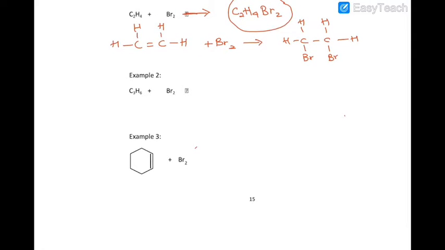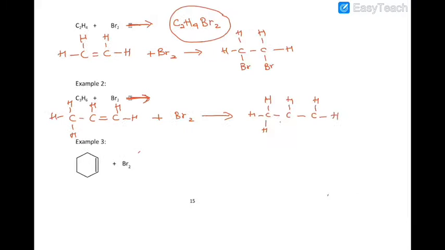Another example, C3H6, let's say it's like this. And you're going to add the bromine. So the bromine is going to add in between the double bond here.